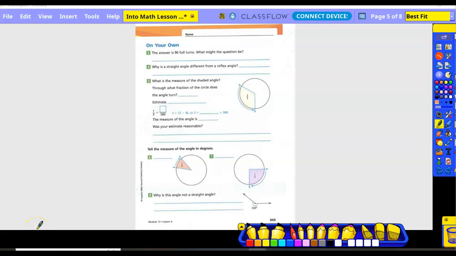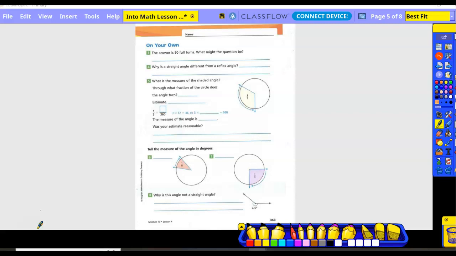Okay, so on your own, number 3, the answer is 90 full turns. So what might be the question? What do you think they're looking for? Well, they're looking for the question. So the question could possibly be, how many 1/90th of a turn does it take to completely fill the circle, right?